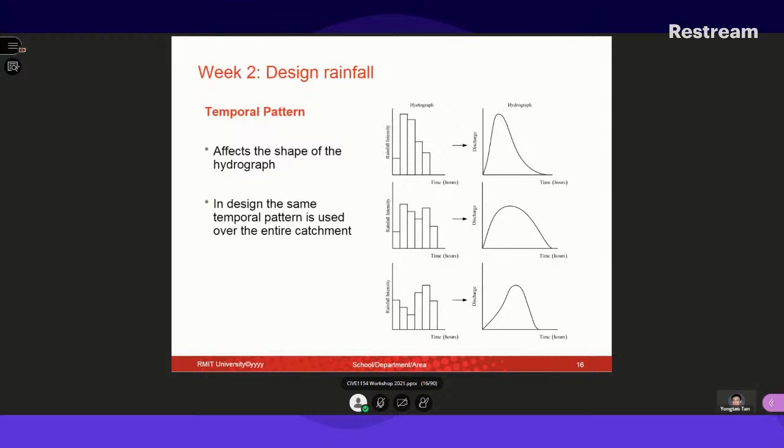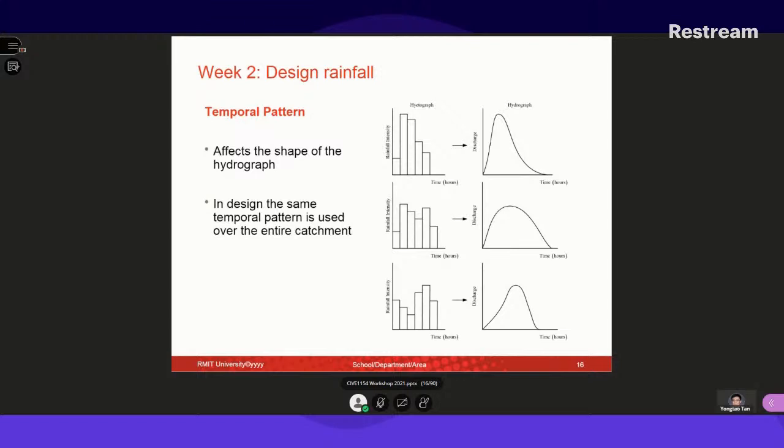In this one you can see the high intensity at the early stage. So the peak occurs very quickly, and the peak rate is higher because the intensity is higher. This one is broad.